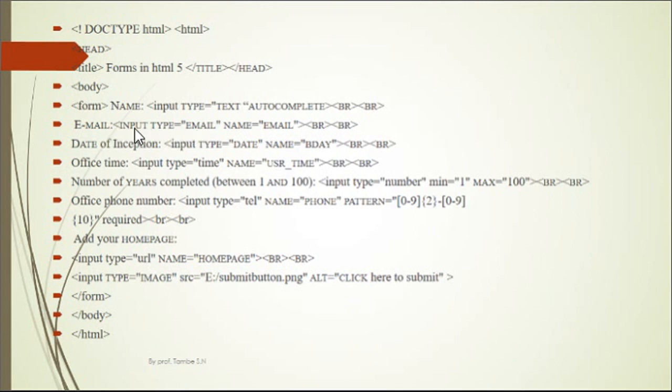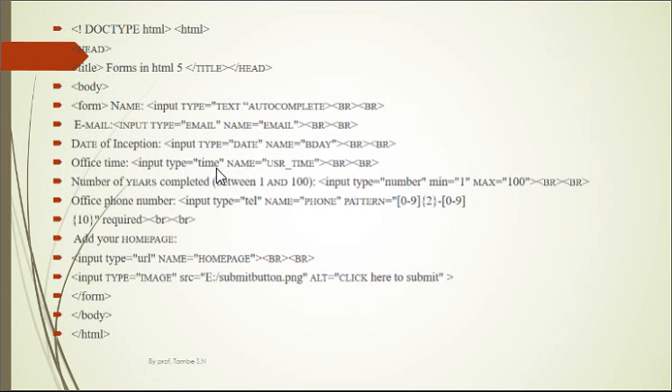So these are the new inputs. Then the name, that is email, break the line for the next. Then date of the inception, again input type is equal to date, name is your birthday. Then again break the line. Next one is the office time, input type is equal to time.